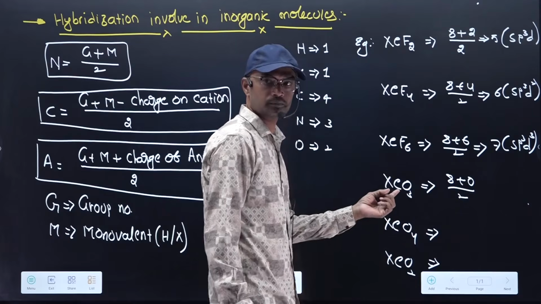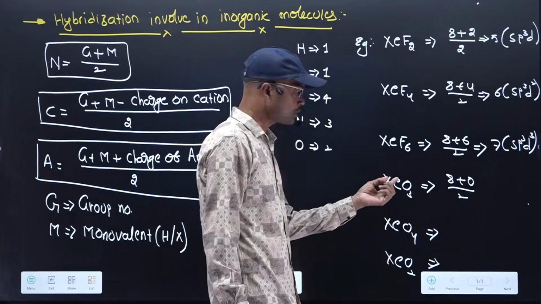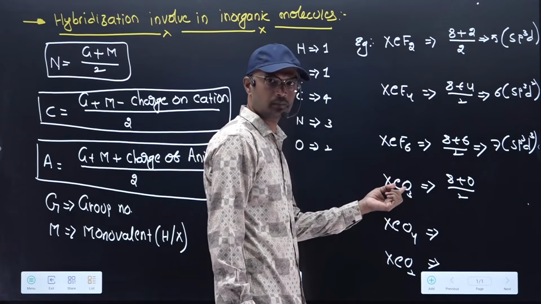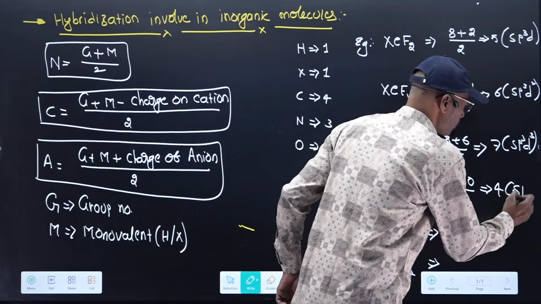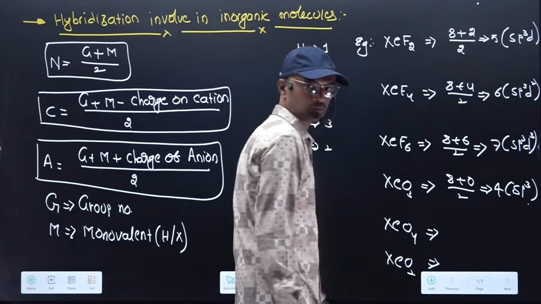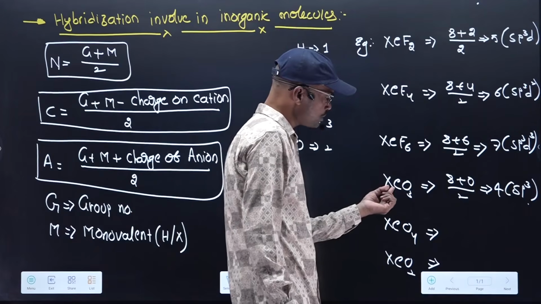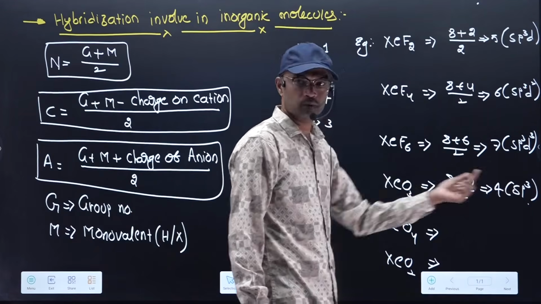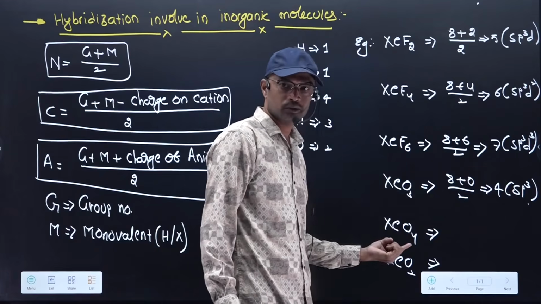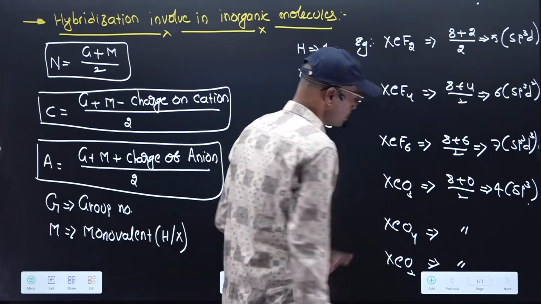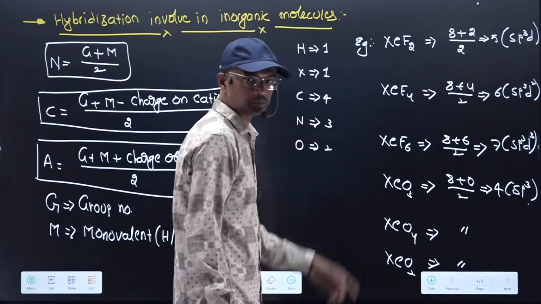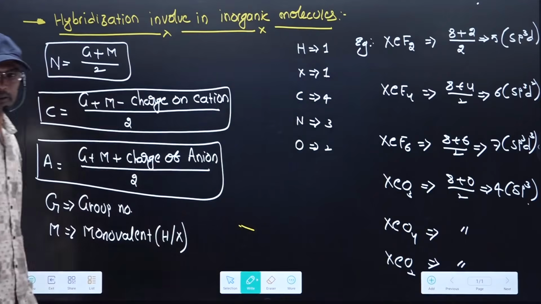Don't consider oxygen, because oxygen is divalent. So you get 4, and 4 means sp3. Xenon hybridization in xenon trioxide is sp3. What about the others? Same. Ignore oxygen, so everywhere you will get the same answer: sp3, sp3, sp3. Clear?